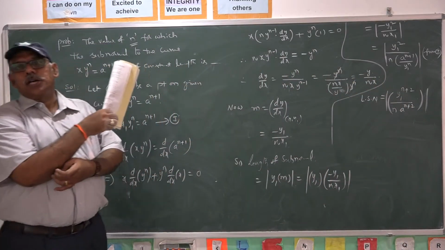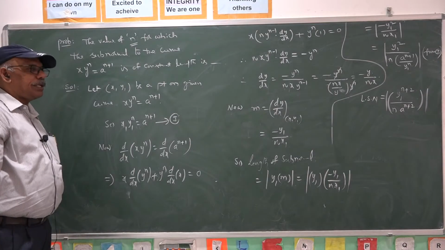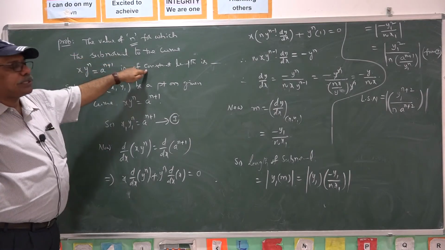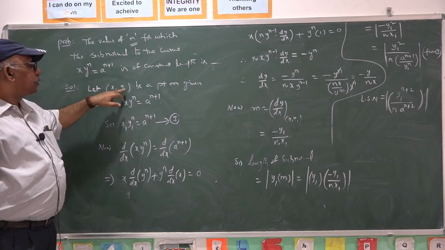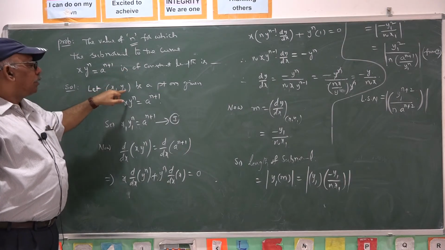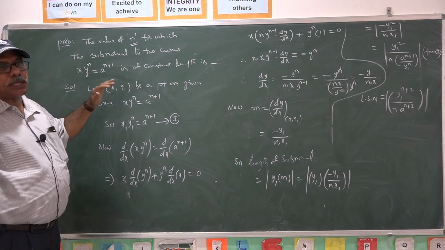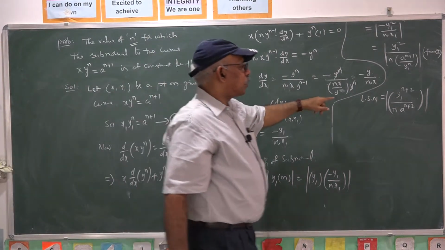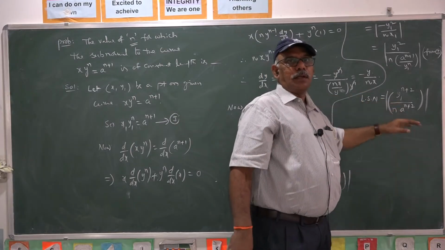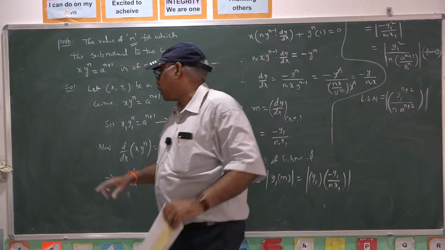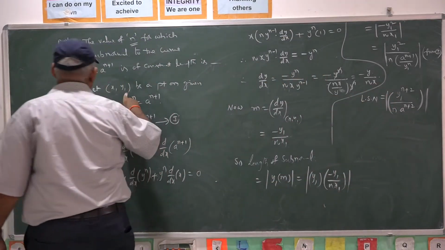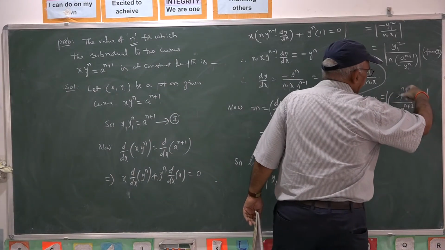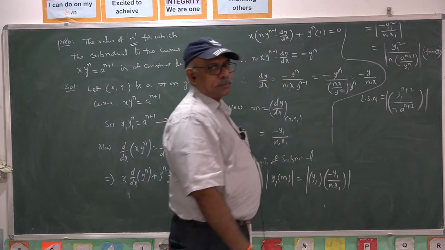But it should be constant. It does not depend on the point that we choose. So, it is constant means it should not depend on the coordinates of the point, because as the coordinates vary, the length of the subnormal varies. If the point x1 y1 varies on the curve, that means the y coordinate varies, and the length of the subnormal varies.